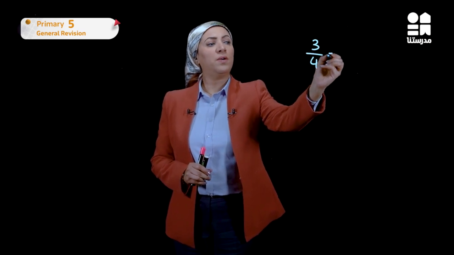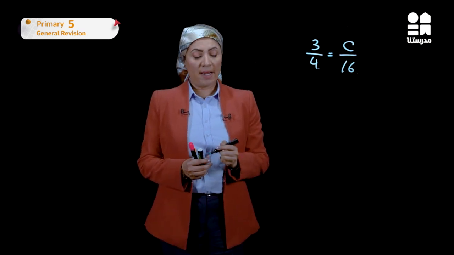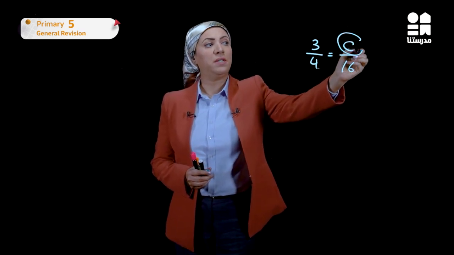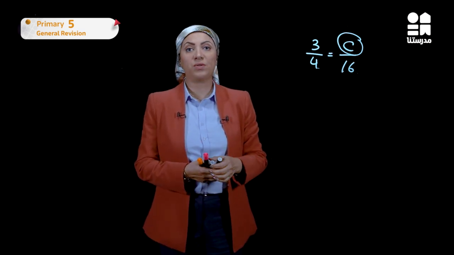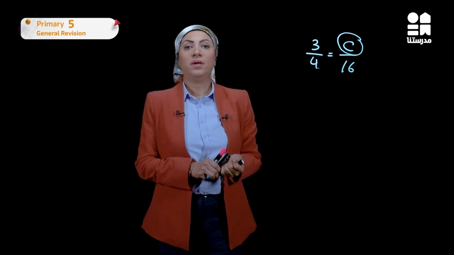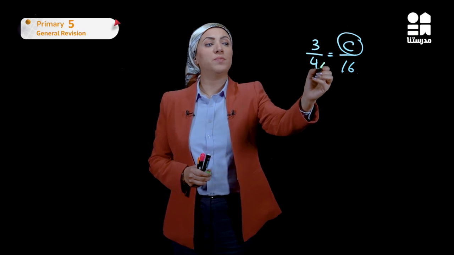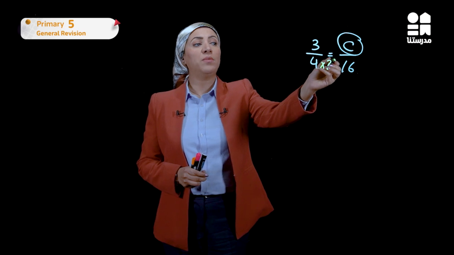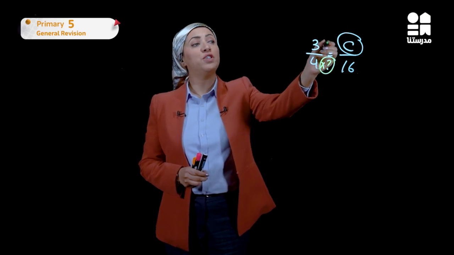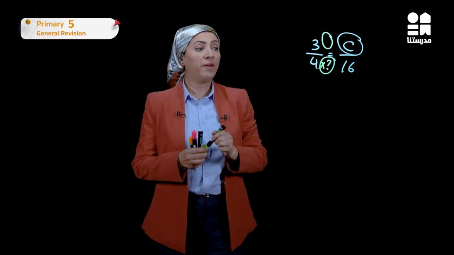If 3 over 4 equals C over 16, and I want to know the value of C, because this is my unknown. This is the only unknown that I have in this question. So I have to find out 4 times what gives me 16, because the number that I am going to multiply by here is going to be the same number that I am going to multiply by over there.